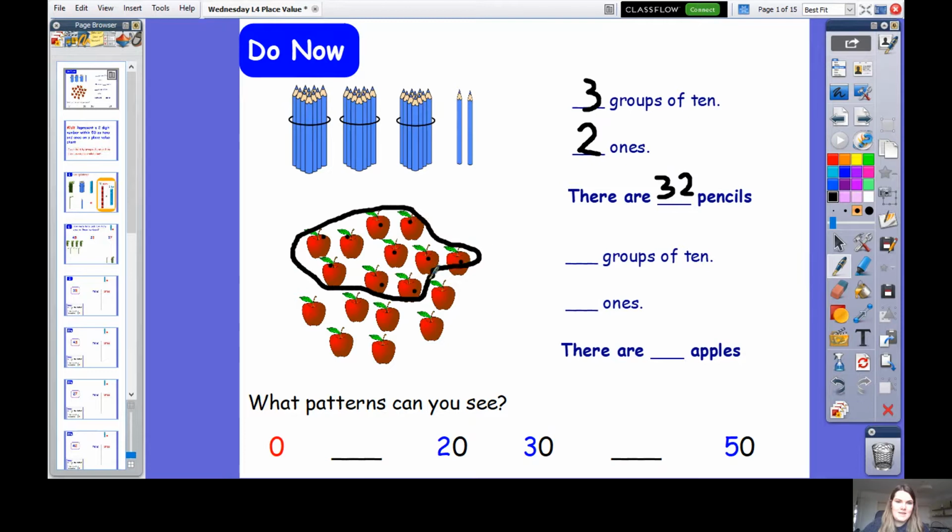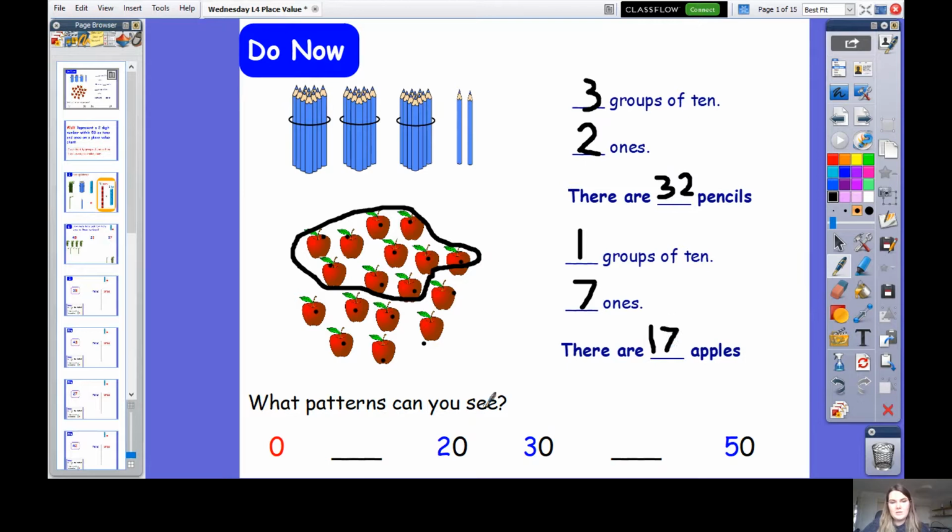Fantastic. And let's keep counting. 1, 2, 3, 4, 5, 6, 7. We didn't get to 10, so how many groups of 10s have we got? 1. How many ones have we got? 7. So how many apples are there altogether? 17. Very good.